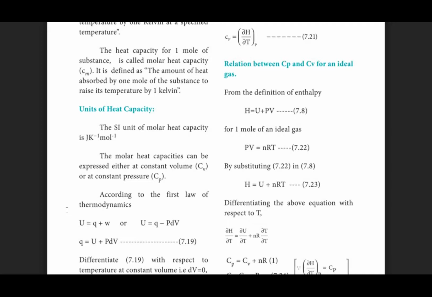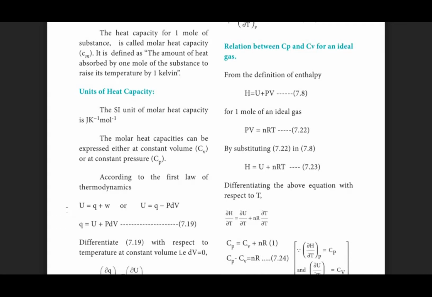From the definition of enthalpy, H is equal to U plus PV. For 1 mole of an ideal gas, PV is equal to RT. By substituting this value in that formula, you will get H is equal to U plus RT, because PV is equal to RT.